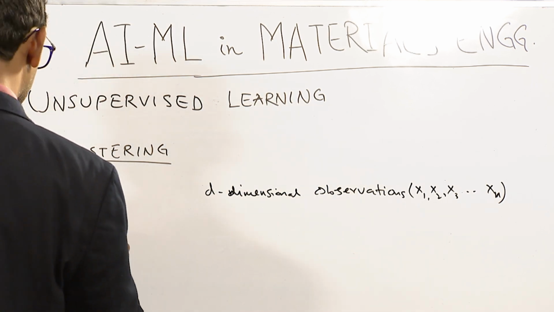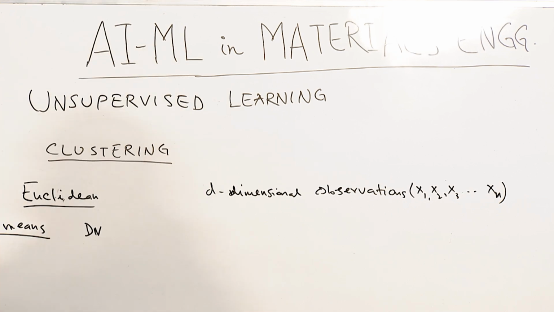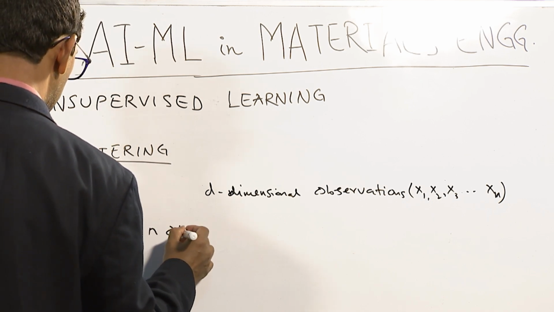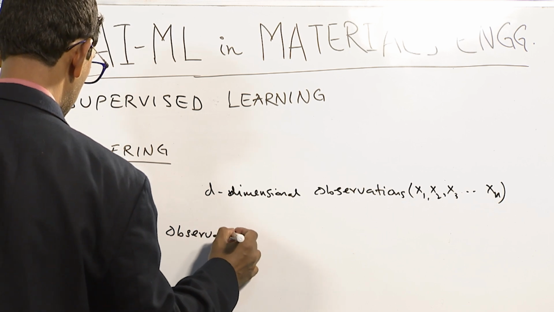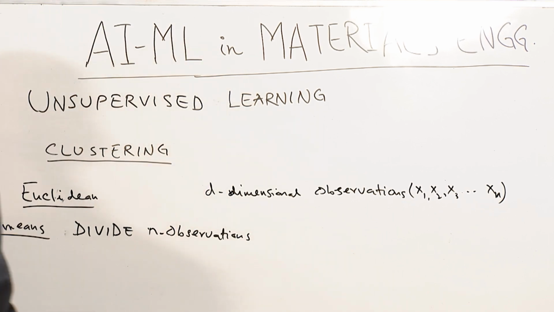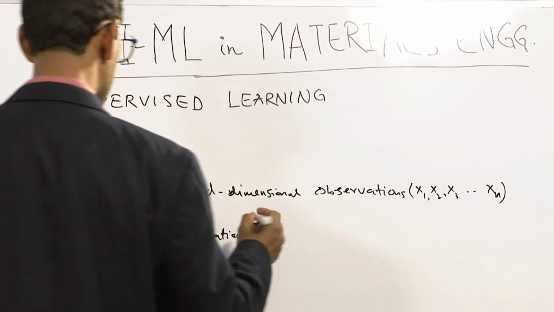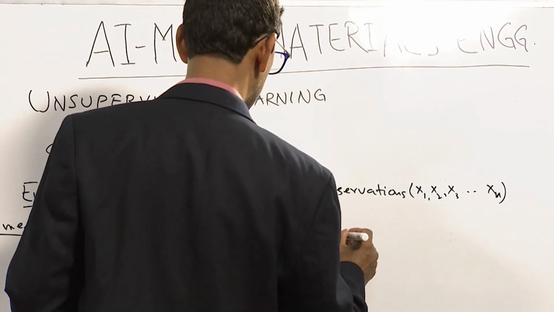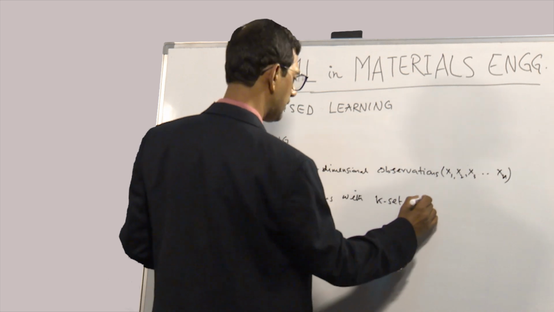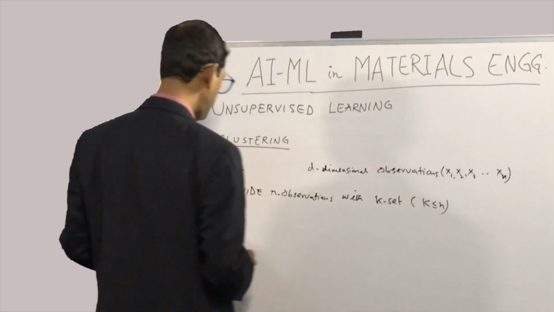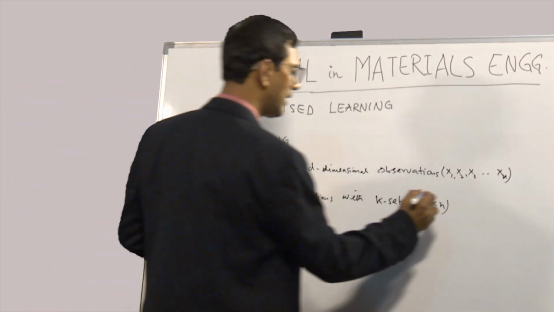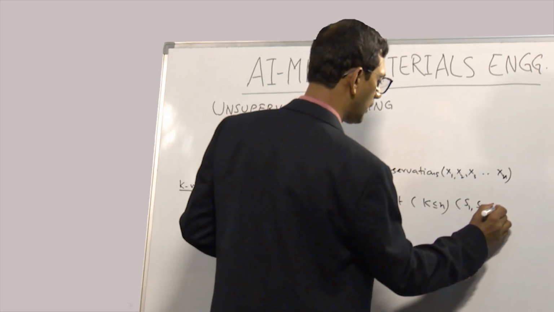So, divide these n observations into k sets. That is the K-means. Remember, k is always less than n. So, you divide these n observations into k sets, that means k clusters basically, and these sets are, let us say, S1, S2, S3, up to Sk.